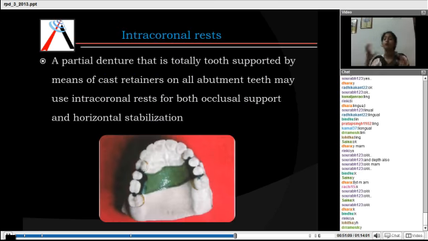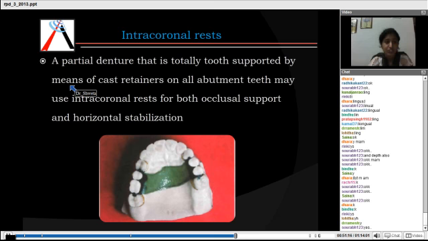Okay, now we'll come to the modifications of the rests. A partial denture that is totally tooth supported by means of cast retainers on all abutment teeth may use intracoronal rests for both. Now, an intracoronal rest is something which is inside the coronal surface of your tooth. It does not lie outside.